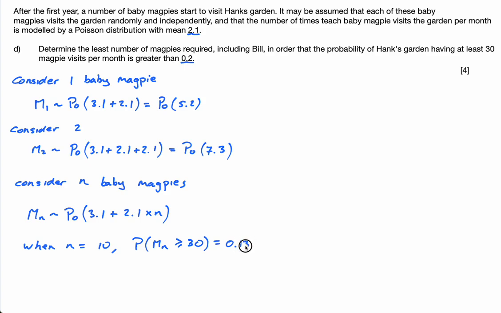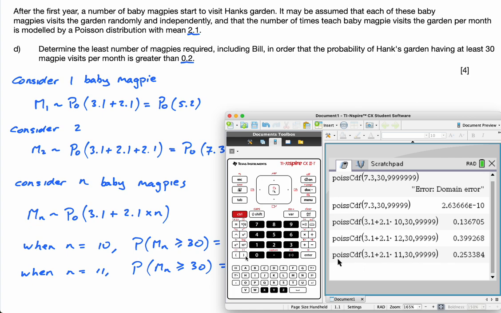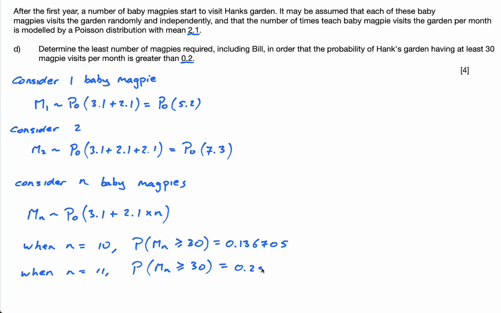And when n is 11, the probability that M_n is greater than or equal to 30 is equal to 0.253384, and you have to write both of these down. You have to write the 10 one down as well to show that you understand that this is the smallest one, because it's the least number of magpies required so that the probability is more than 0.2.